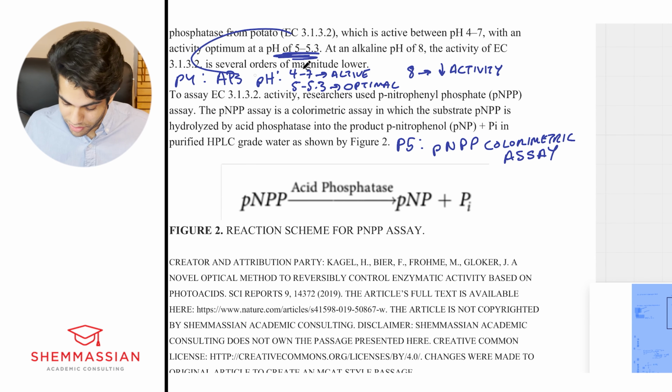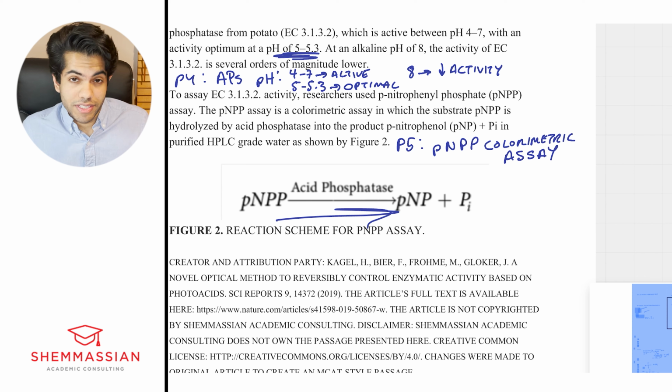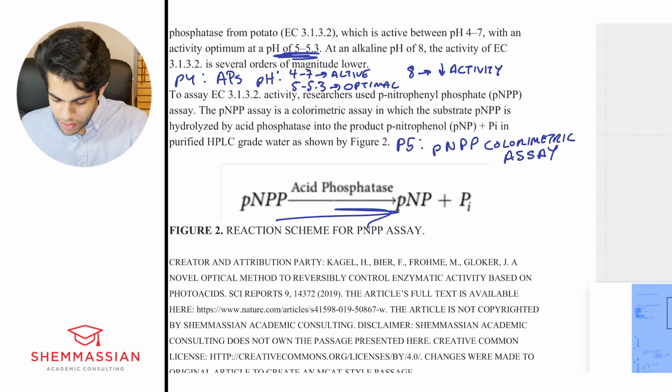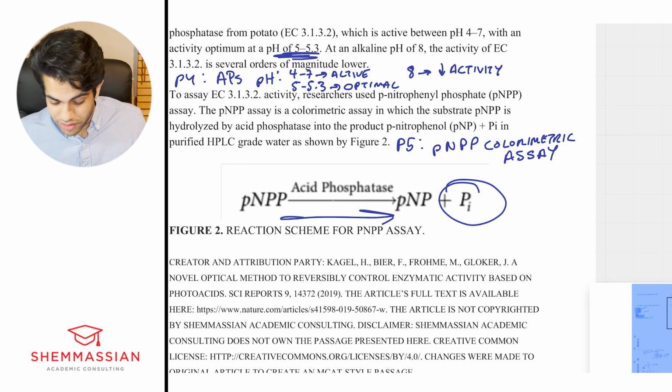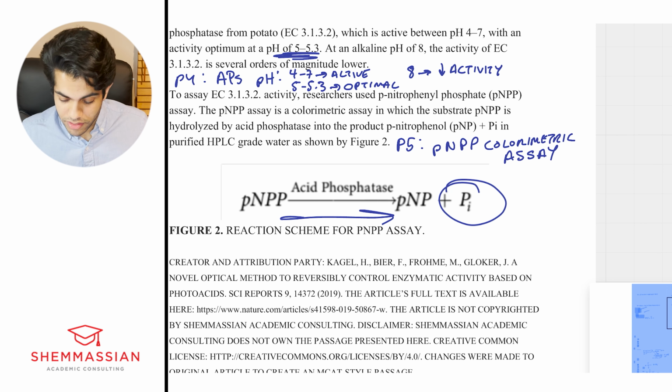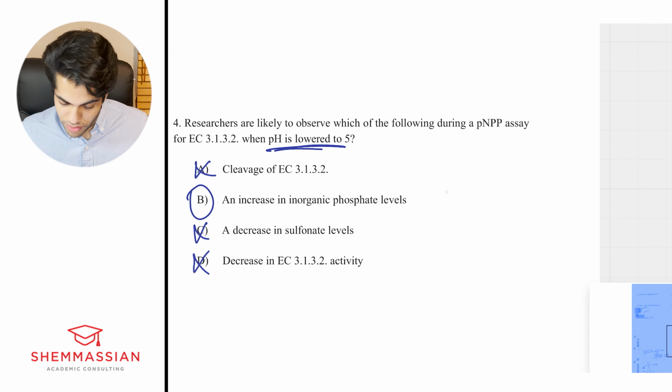And if there's more activity occurring, that means this reaction is occurring more, and therefore we should have more of this inorganic phosphate. Really simple. Everything else doesn't really fit and isn't the most straightforward and concise prediction to be made here. You're most likely to at least observe that inorganic phosphate level goes up. Everything else here is a little bit out of scope, or doesn't have as solid reasoning as you do for option choice B.